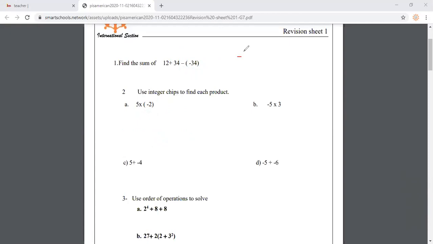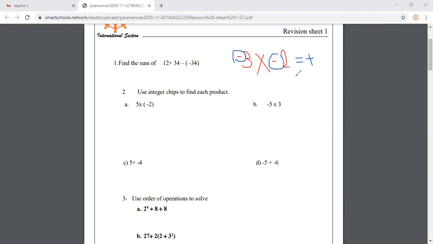If you have -3 times -2, we have to work with the negative sign at the beginning, which means you have negative and negative, right? So we will use the opposite operation, which means the answer should be positive.